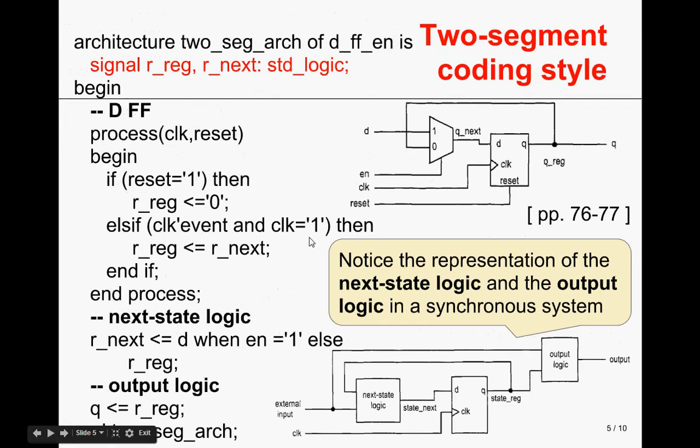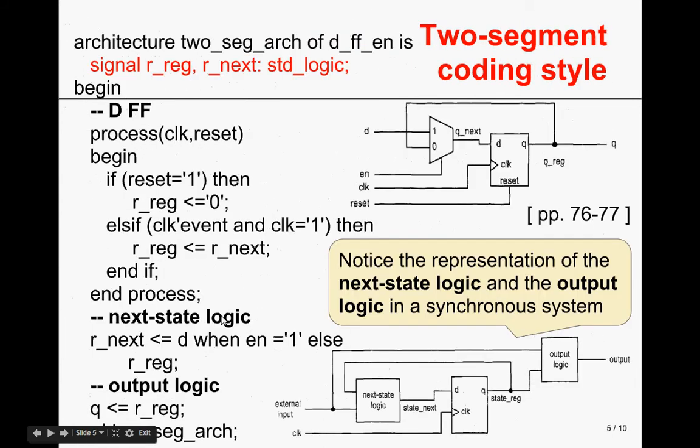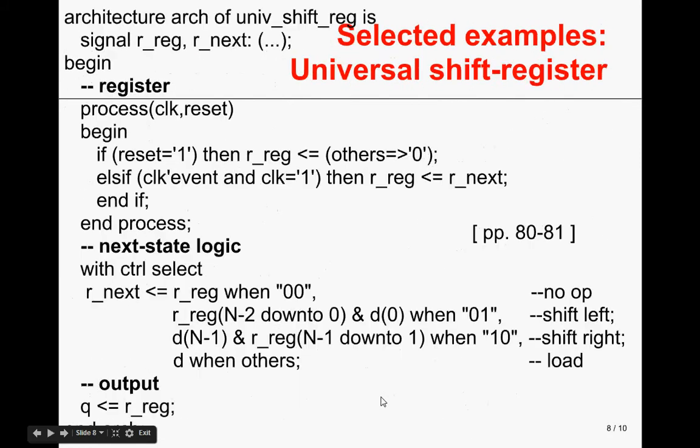Now, the difference, as I said, is that the next state logic is defined differently. So if we look into the universal shift register case, notice that this block is describing what is inside this combinational box. The next state logic will be defined using a concurrent signal assignment, and in this case it's the selected signal assignment that we are using.